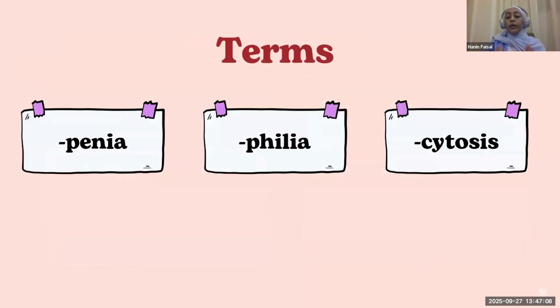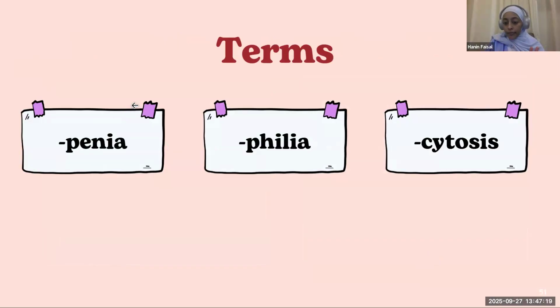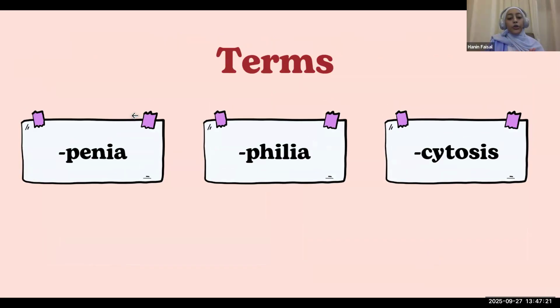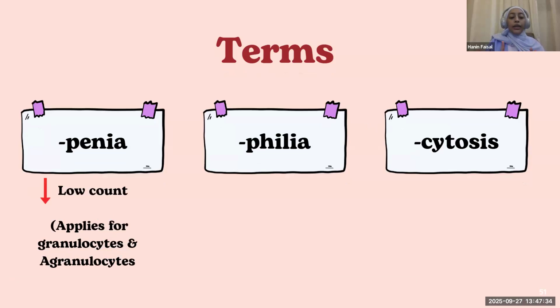Okay. Now, I want to talk about three terms that are really important: penia, philia, and cytosis. Do you guys know what penia is? Like, for example, neutropenia. Low amount, exactly. Penia is low, and it applies to granulocytes and agranulocytes. For example, neutropenia, lymphopenia, meaning there's less of this specific cell type.